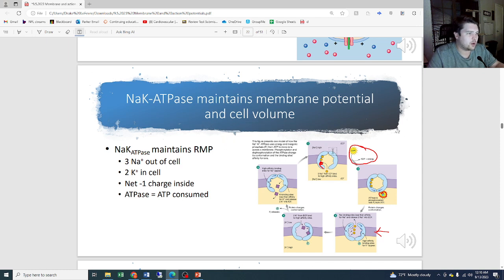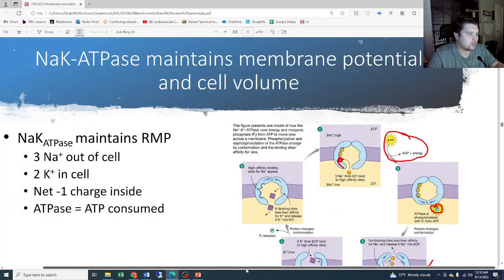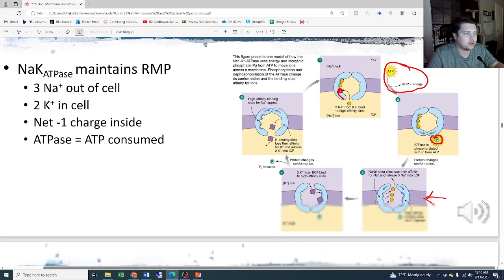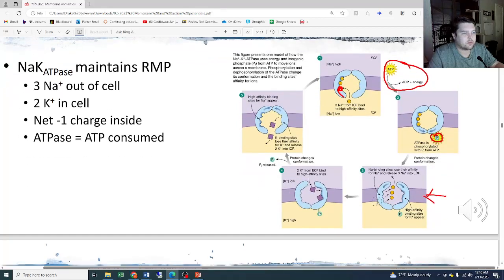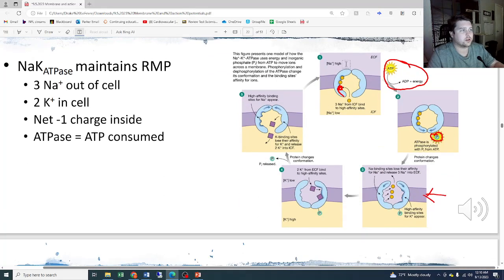And just repeating all through this, this figure goes over exactly how that actually happens. I would take a moment and read through this little chart, just so you try to understand exactly what is happening step by step. It's good to understand that the sodium attaches first, and then once it attaches, it closes, and the ATPase gets phosphorylated with the energy.